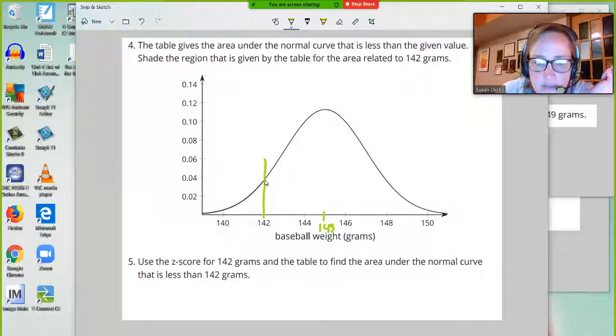What a z-score can do, if we used one of these tables, it would tell us the area under the curve over here. That tells us, again, probability. But this was a z-score that was negative 1.5 here. So we have this cutoff at 142.